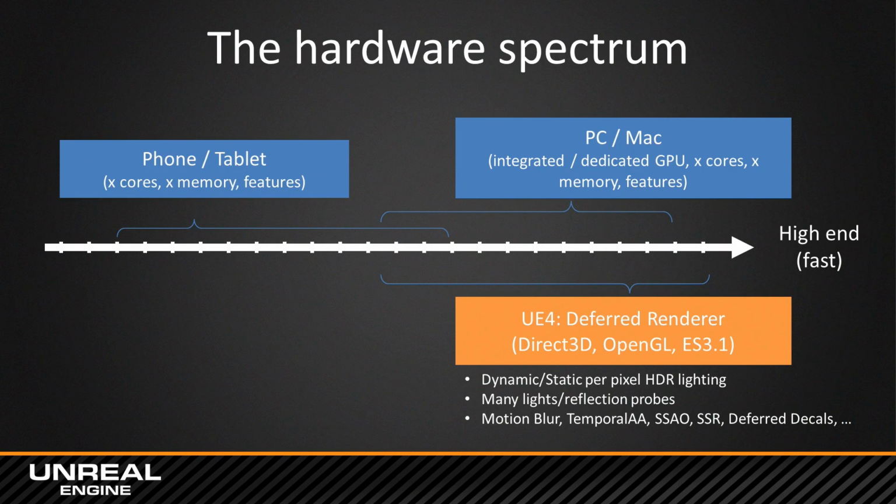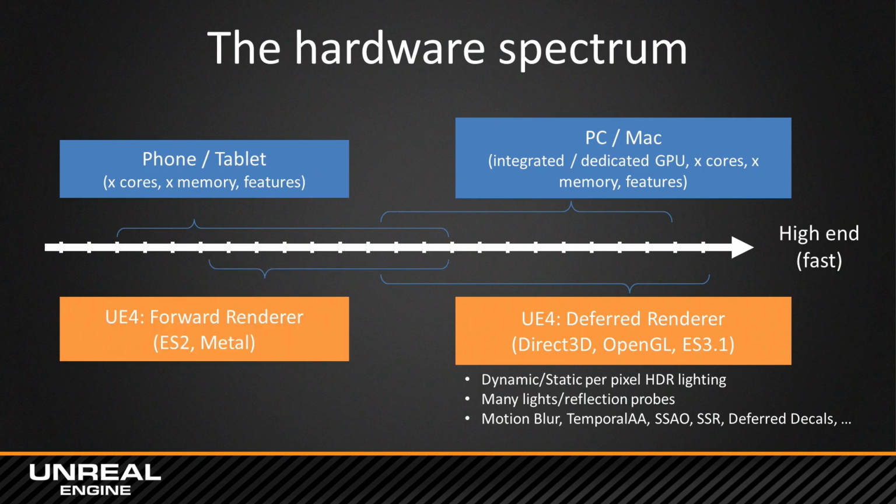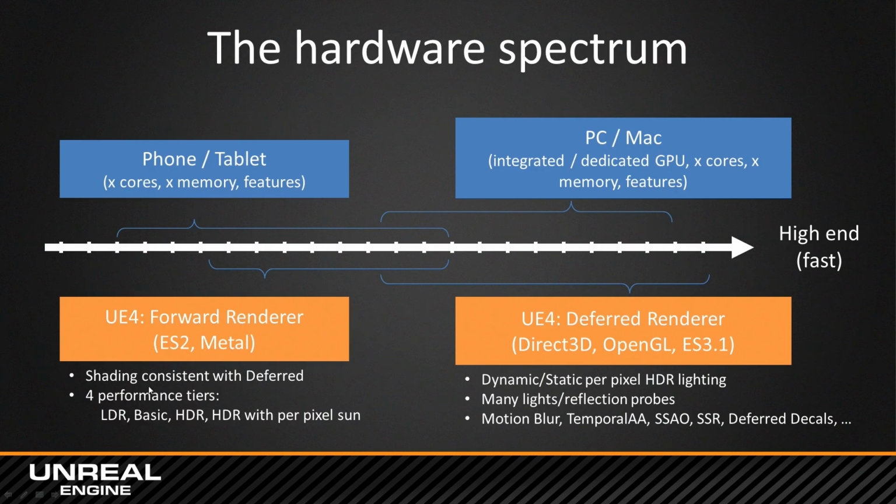But not everything is available on our forward renderer, which is more targeted to a lower performance level. It's still a wide range that it has to cover, but it's more like if you're running on ES2 or Metal. So we have features there which are trying to mimic the look and everything of what we have in a deferred renderer, but they have to do it with less performance, so there are some quality trade-offs.